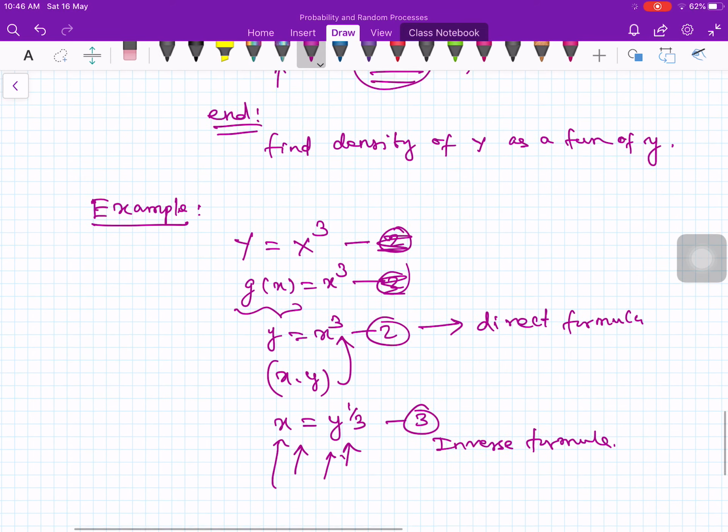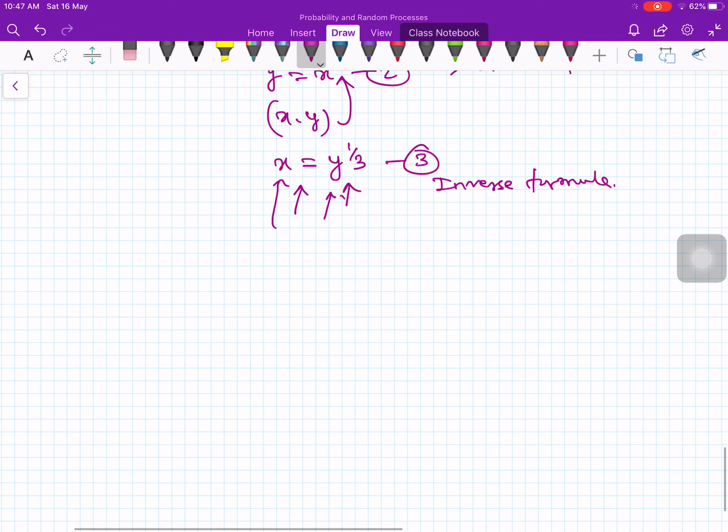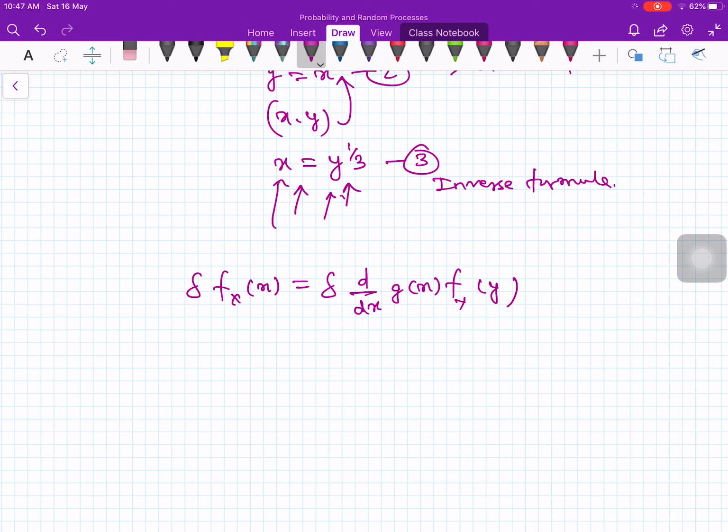Therefore delta times fx of x is equal to delta times d by dx of g of x times fy of y, right? Now this delta and that delta will get cancelled. Now what is the slope of this function?